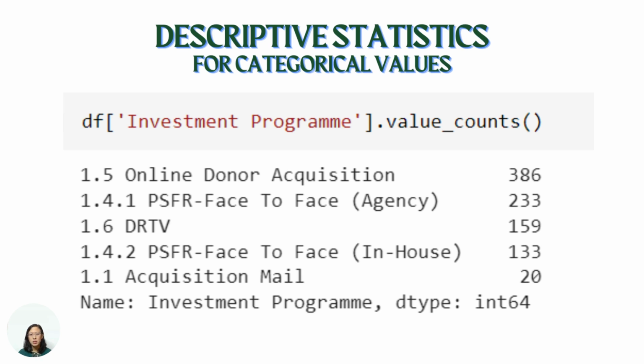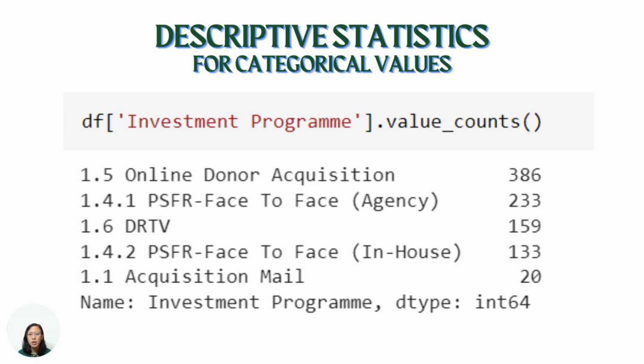For example, here I'm looking at the investment program. For the investment program, we can see that there are 5 unique investment programs that we have run. And there are 386 records for online donor acquisition, 203 for face-to-face agency, and so on. We can also see that we have a very small number of acquisition mail in the data set that we have collected.